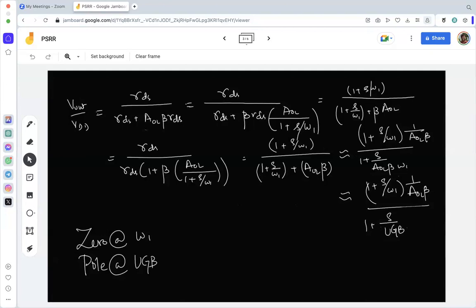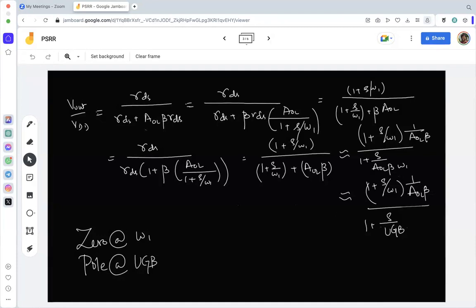So it becomes 1 plus S by omega 1 in the numerator, meaning in the numerator we have a 0. That's what I already mentioned, right? There should be a 0 at omega 1. At low frequencies, we have a 0 at omega 1 in the PSR plot. That's what we calculated equation-wise, and it's also visible here.